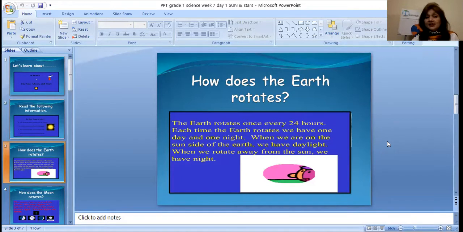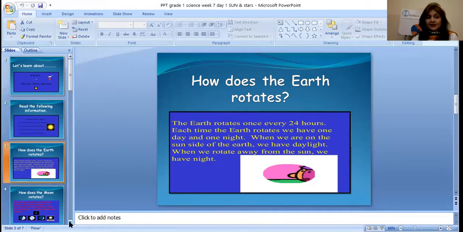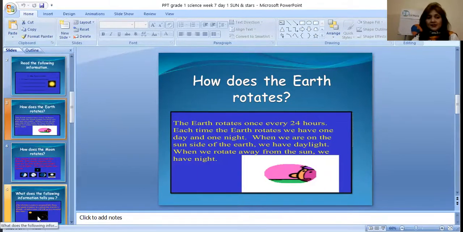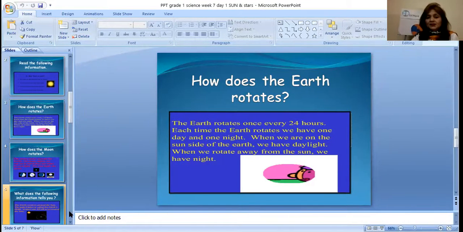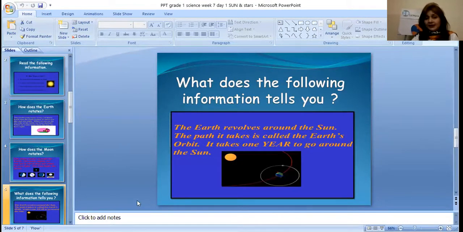When we are on the sun side of the earth, we have daylight. When we rotate away from the sun, we have nighttime. Like I just showed you through the globe, right?